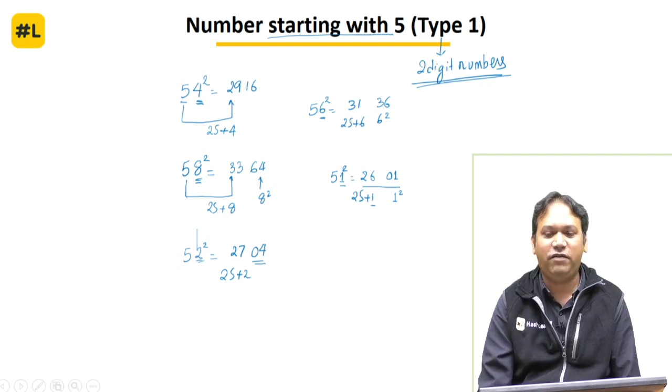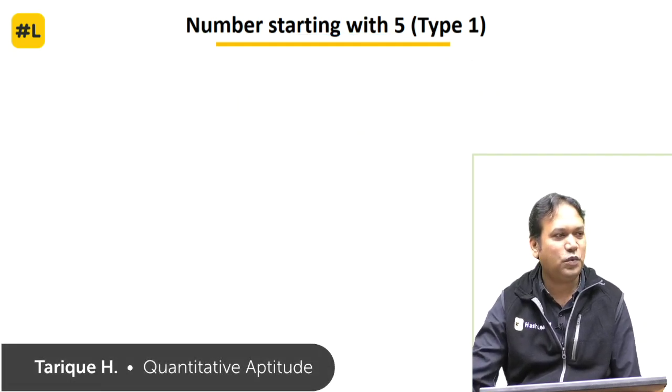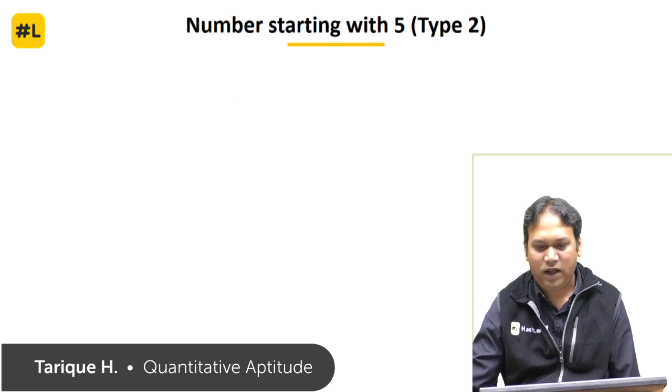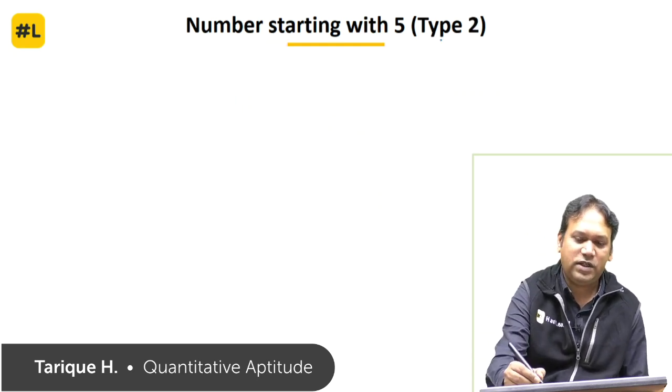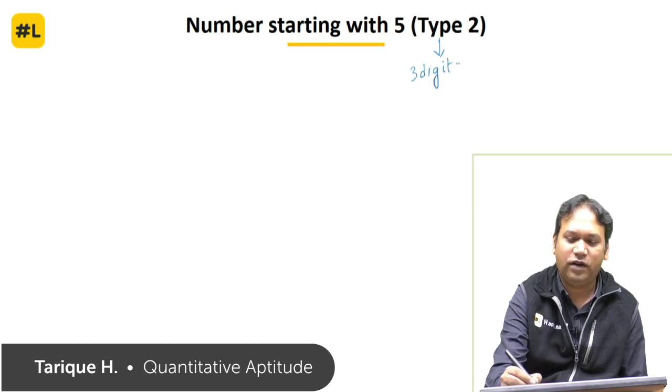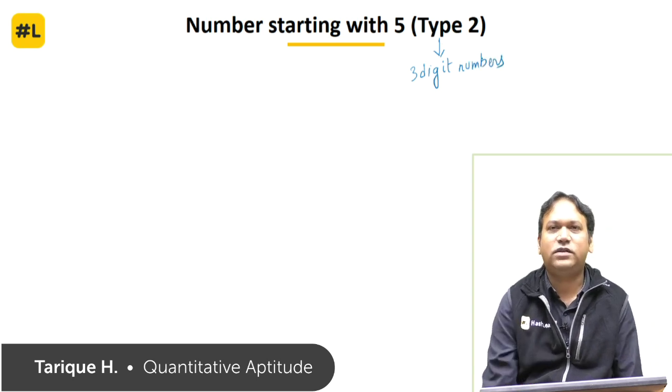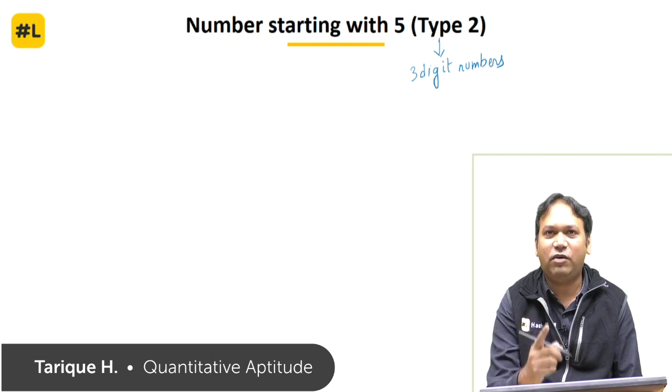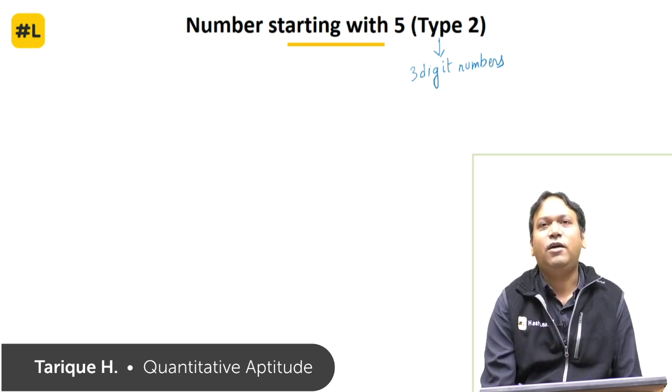Numbers starting with 5, type 2, and that will be which type of number? 3-digit numbers. How to find out the answer for 3-digit numbers without any difficulty, without using a calculator, without using a pen and paper?